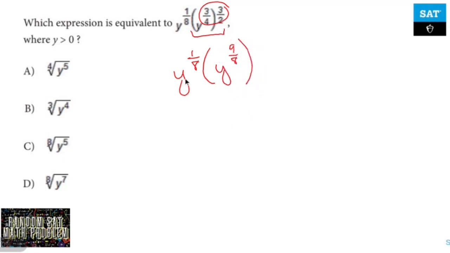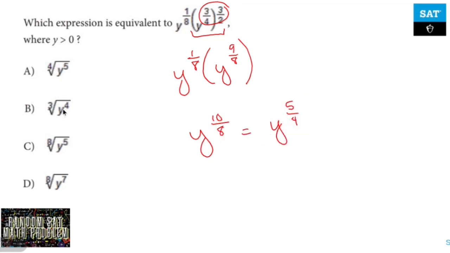Okay. Now I have y to the stuff times y to the stuff. Add the stuffs. So that gives you y to the 1/8 plus 9/8 is 10/8. We know that simplifies to y to the 5/4. Now, they don't want that.